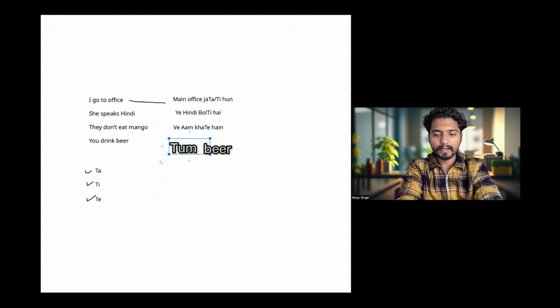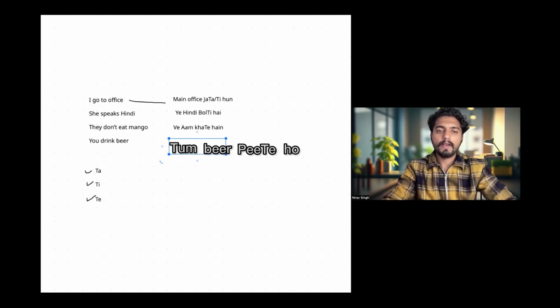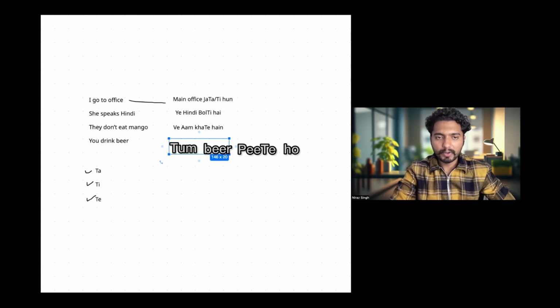Yep, pina. So, pite ho. Now you might ask me, you is the singular person, why did I make it plural? Just like in English, we say you are, we don't say you is, because you itself is a plural word. You can remember it in this simplest way.